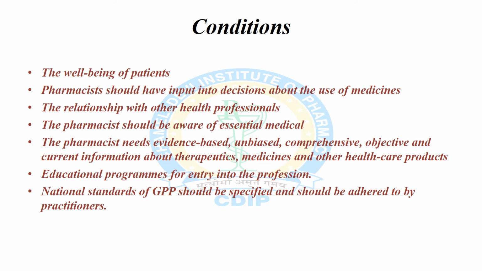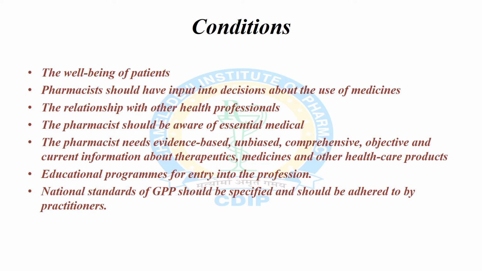In satisfying all of these requirements, the following conditions are necessary. The well-being of patients should be the main philosophy underlying practice, even though it is accepted that ethical and economic factors are also important. Then, pharmacists should have input into decisions about the use of medicines.